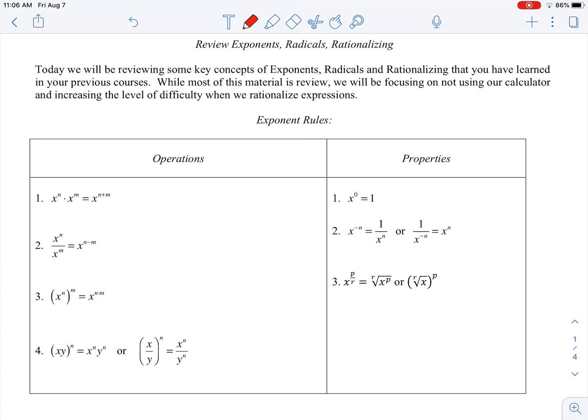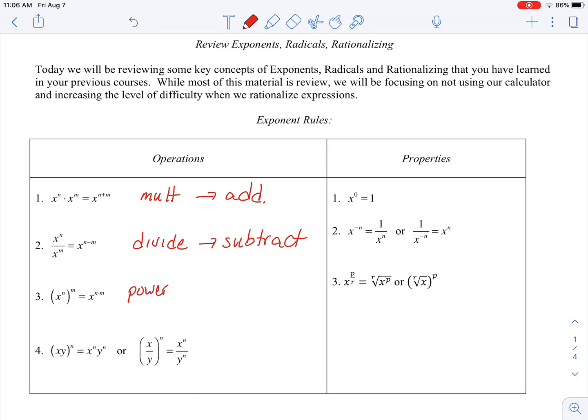We have operations and properties, which you have learned in previous courses. So our main operations we should know is when you multiply like bases, you add the powers. When you divide like bases, you subtract the powers.